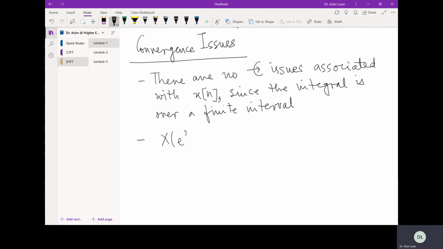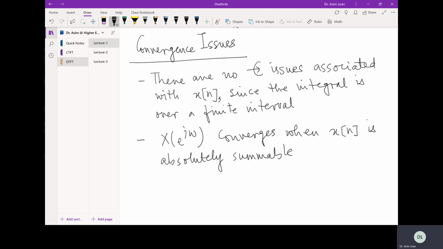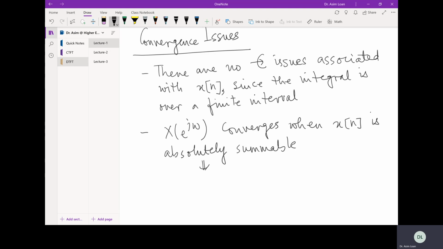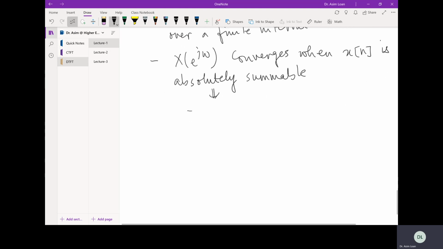X of e^(j omega) converges when x of n is absolutely summable. This implies the sum of the absolute value of x of n is less than infinity, which implies x of n is square summable.